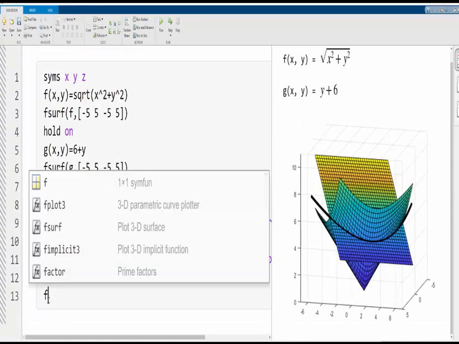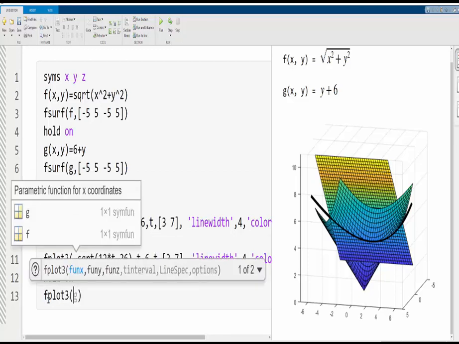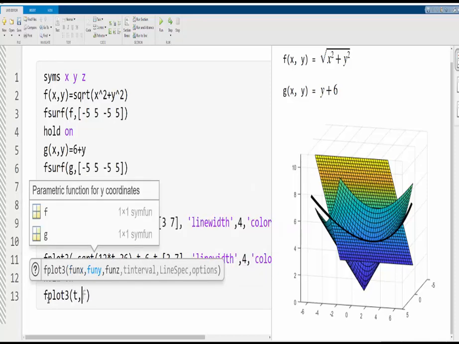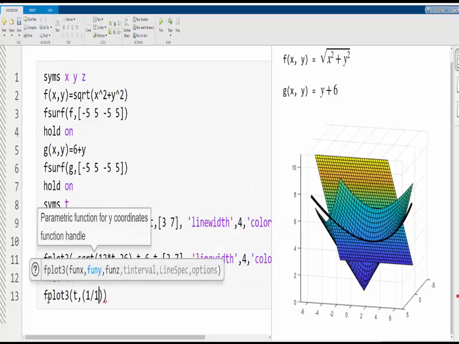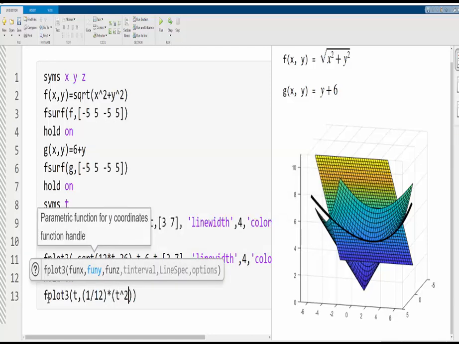So we will go fplot3, okay, and then t comma 1 over 12 times t squared minus 36, right?